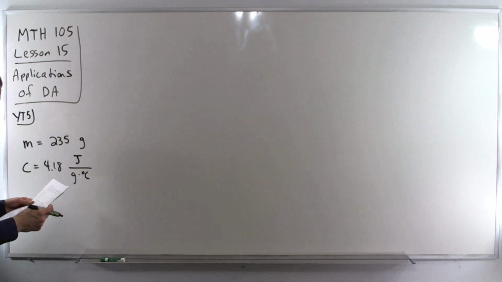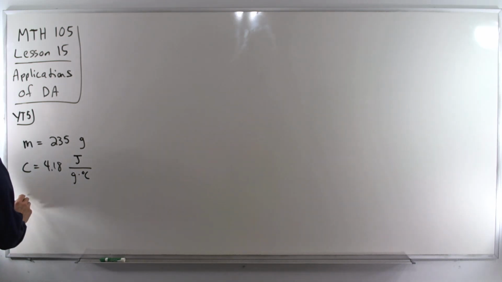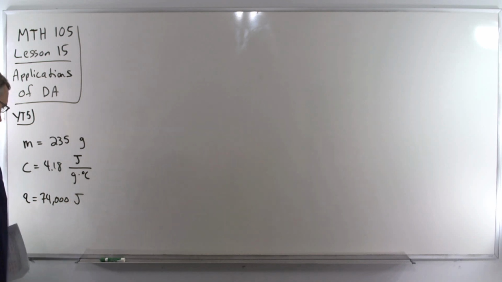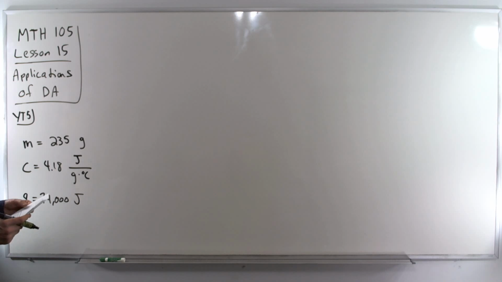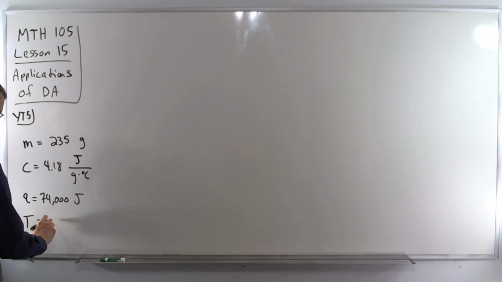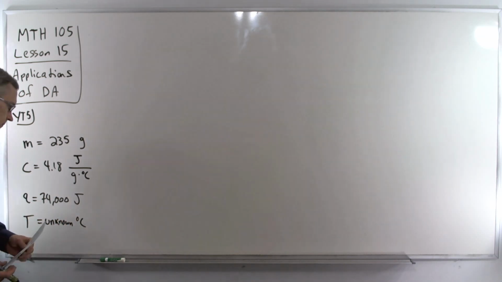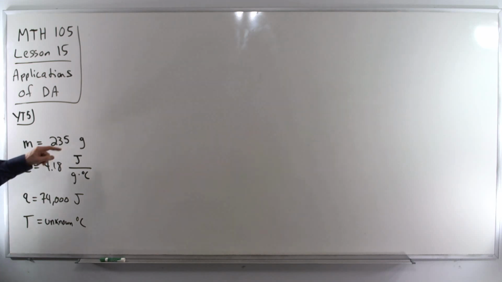And we're going to add heat energy, Q, 74,000, J for joules. And finally, we're going to set up and solve an equation to find the increase in temperature, T. So temperature is unknown, and that is degrees Celsius. All right, so there's all our units. We got grams, we got this wacky thing, joules, and degrees Celsius.